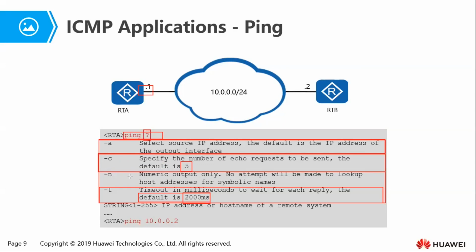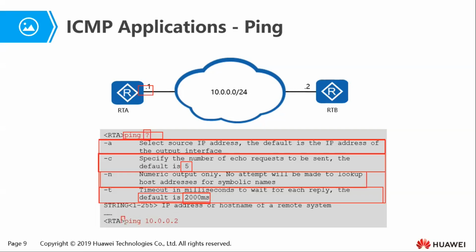So -C, then space, then maybe 2, then the address that you want to ping. Then -N is when you want numeric output only. No attempt will be made to look up host addresses for symbolic names, so you cannot use URLs like www.facebook.com. You only use the IP address.